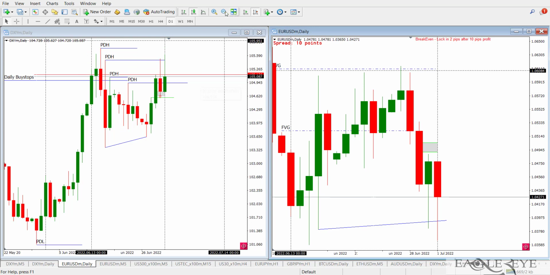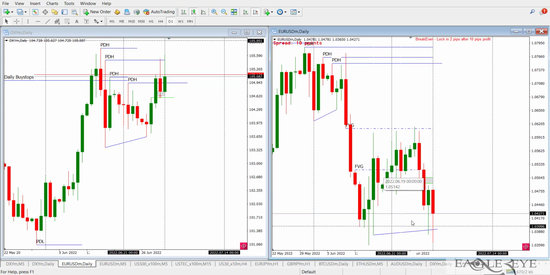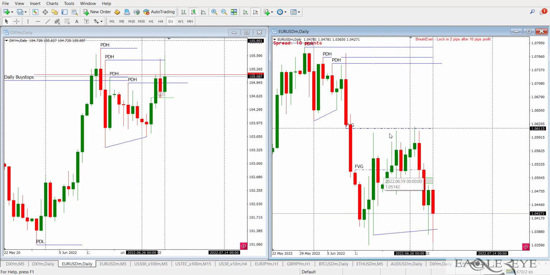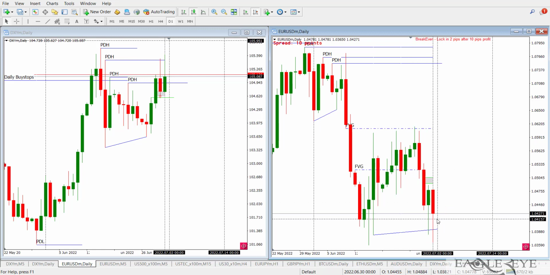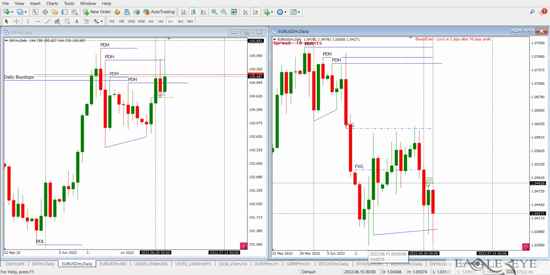Alright, the same thing happens in the euro USD. As we had that divergence right here, we had a drop, and then on Thursday we ran up a little bit. The euro gave up the ghost, targeting this particular low, but price couldn't really make that low.